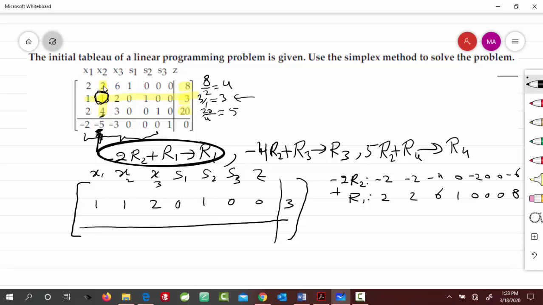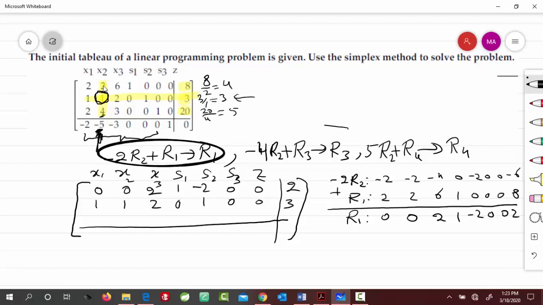If I add them, this gives me the new row 1: 0, 0, 2, 1, -2, 0, 0, and 2. I put these values here. Then similarly for this one, -4 times row 2 plus row 3.